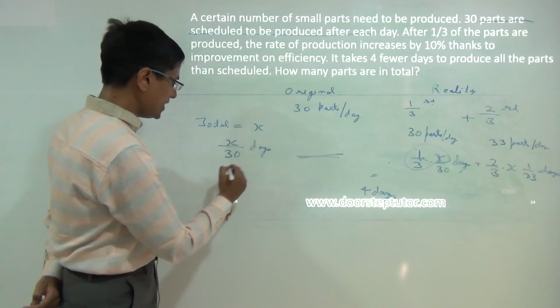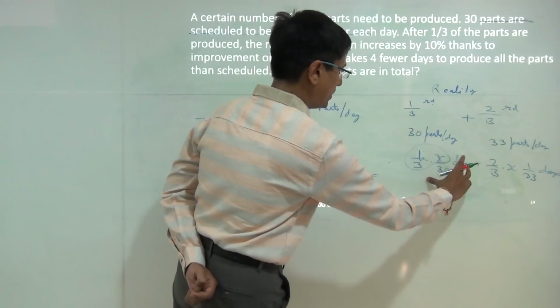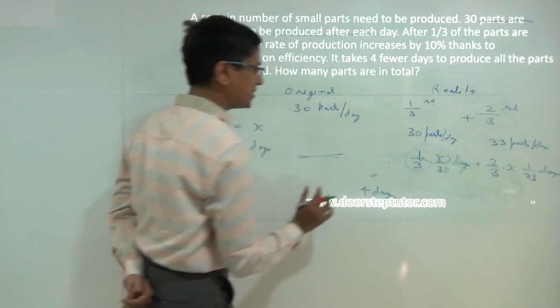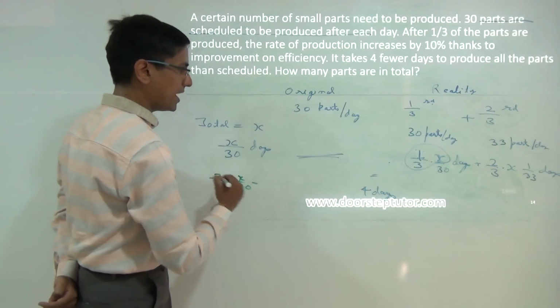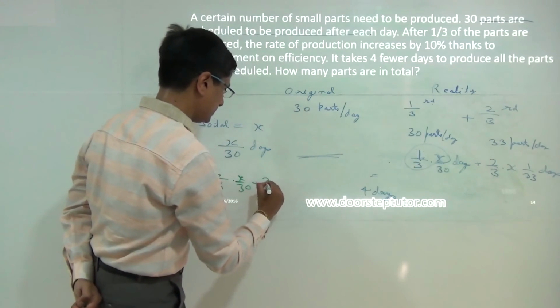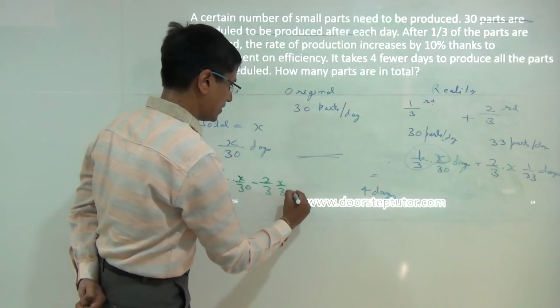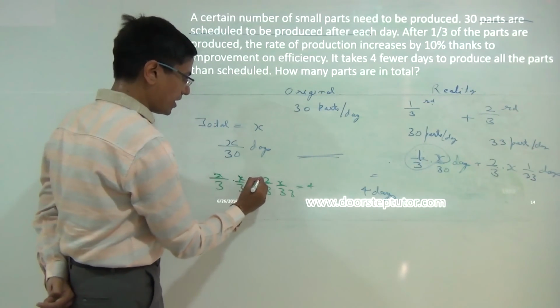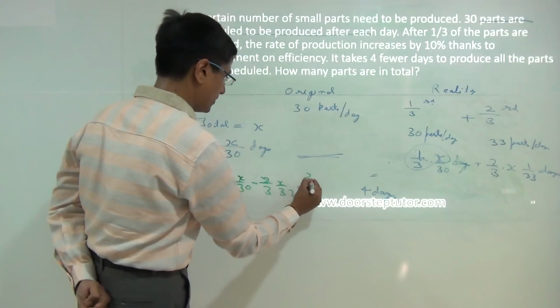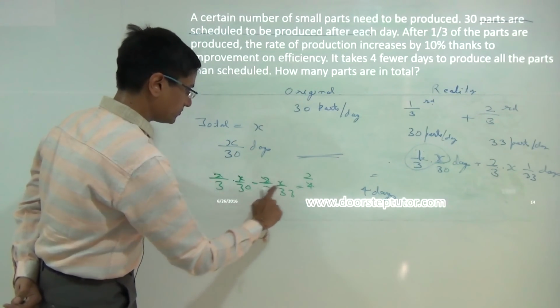What I'll first do is, this X by 30 will get subtracted from this 1/3 X by 30. So we get 2/3 X by 30 minus 2/3 X by 33, and that is equal to 4. So if you solve this, this 2 and 2 would cancel. This 3 would go on the other side. It would become 6.